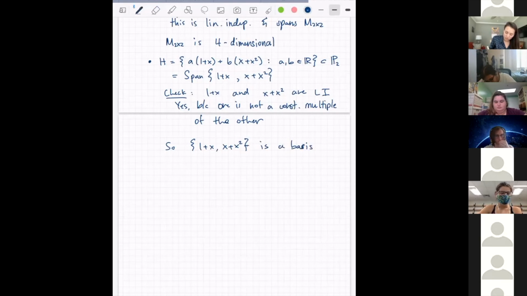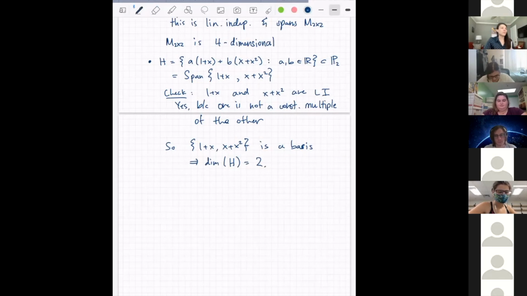So the dimension of H is what? Does anybody know? Is 2? Is 2. Yes, exactly. Sorry, yes, that was my answer. Right, because there are two elements in the basis.